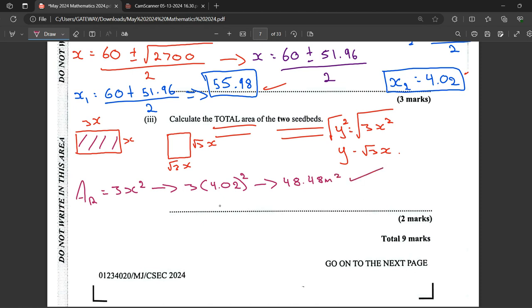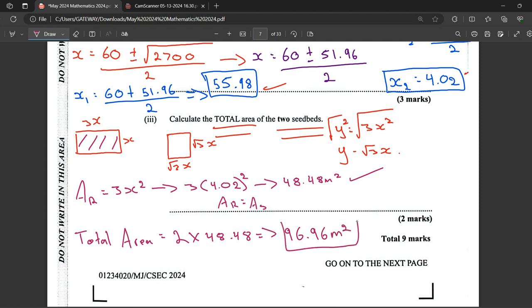But we know that the area of the rectangle is equal to the area of the square. So the total area would therefore be equal to 2 multiplied by 48.48, which is equal to 96.96 meters squared. And that is my answer there.